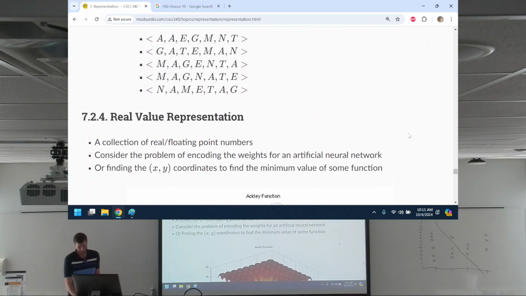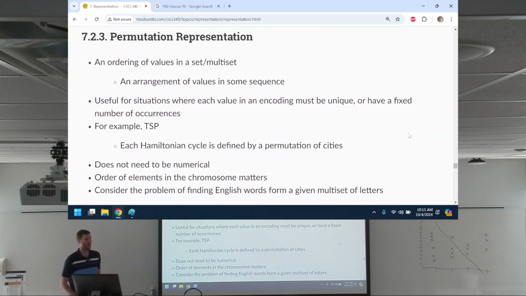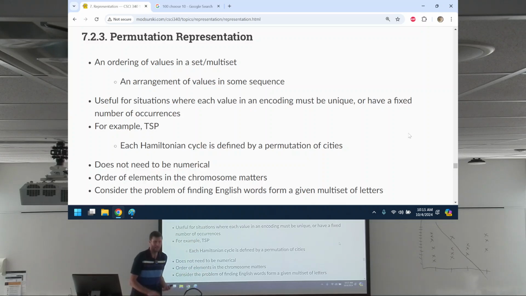A permutation representation is an order of values in a set or multi-set. Basically it's an arrangement of values in some sequence. It could be the case like TSP. Now remember with TSP, the fact that the things we had a permutation of were integers was arbitrary. I could have used letters.